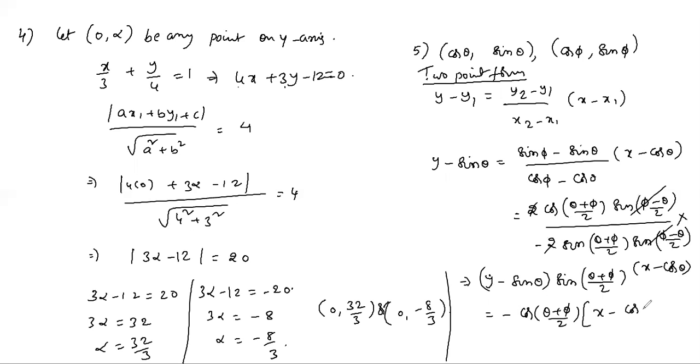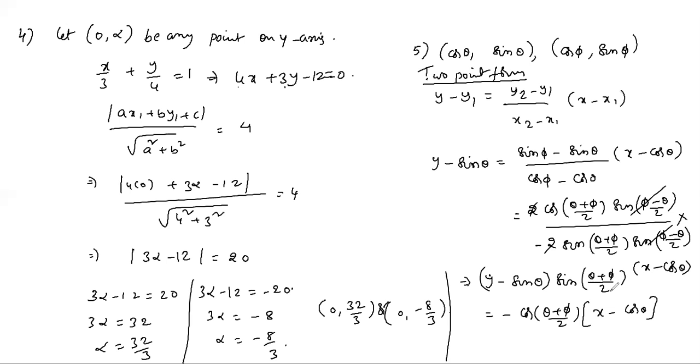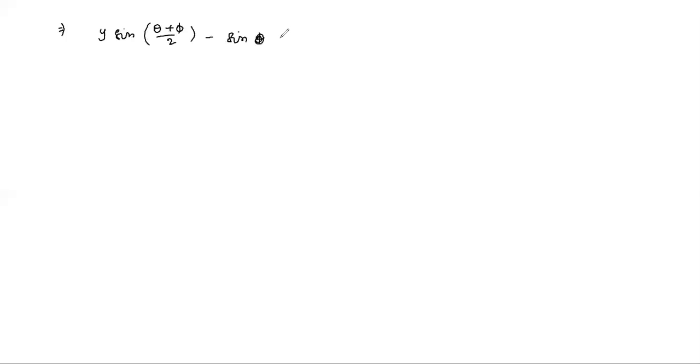So y into sin theta plus phi by 2 minus sin theta into sin theta plus phi by 2 equals minus x cos theta plus phi by 2 plus cos theta into cos theta plus phi by 2.